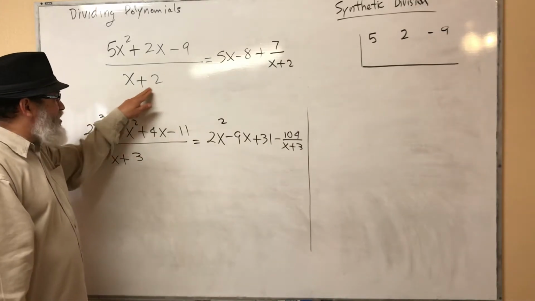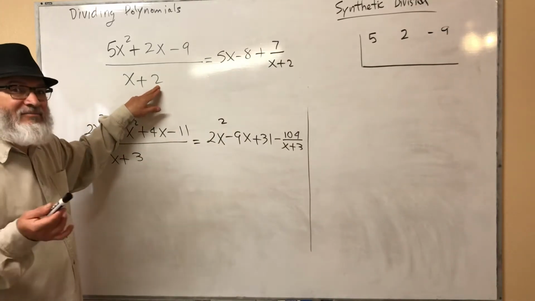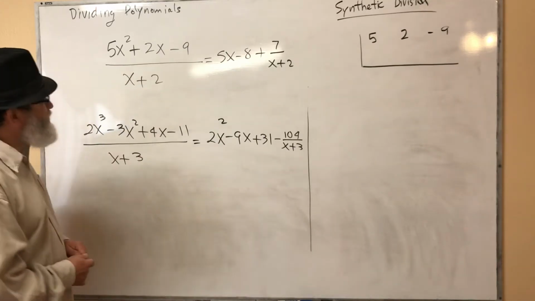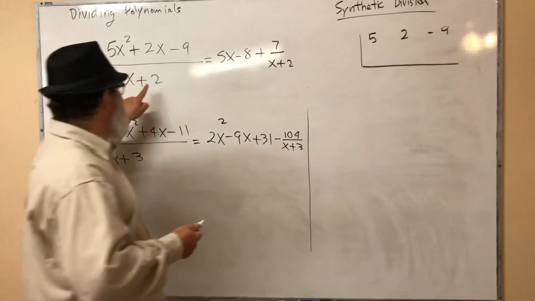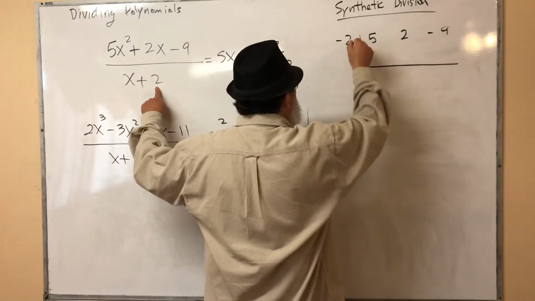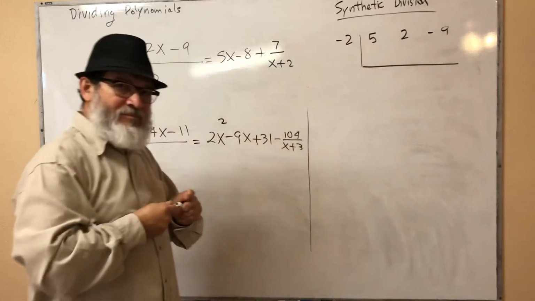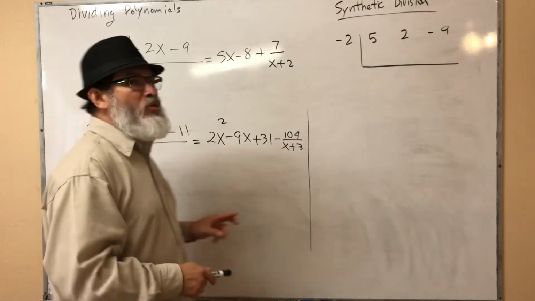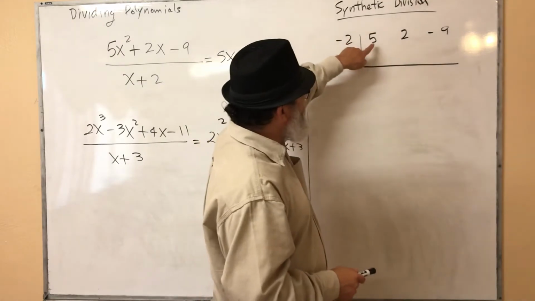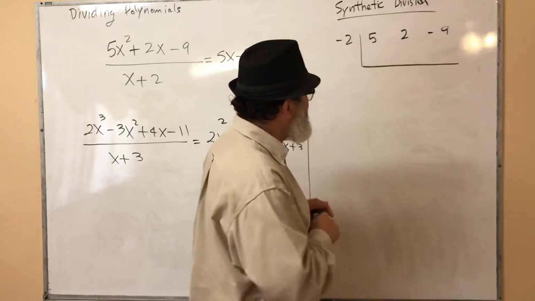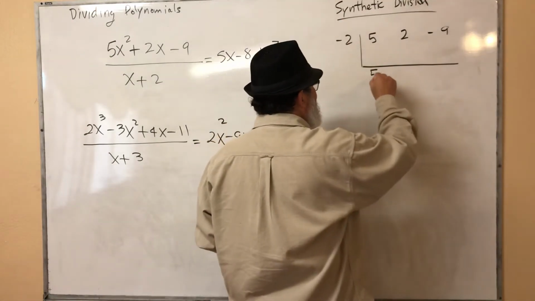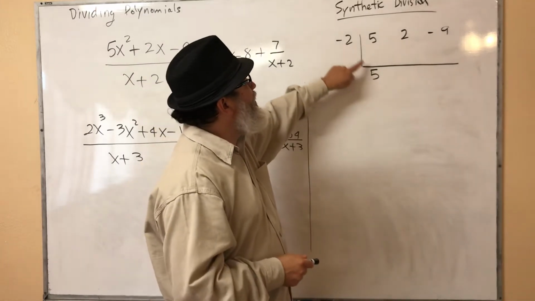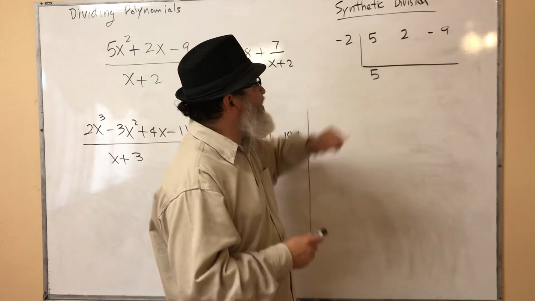And we take the opposite of this 2. Whatever this number is, we take the opposite. Negative 2. The first step, number 1, is bring down. So bring down the 5. Multiply. Negative 2 times 5 is negative 10.